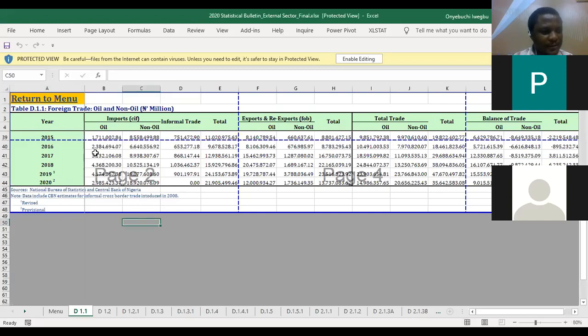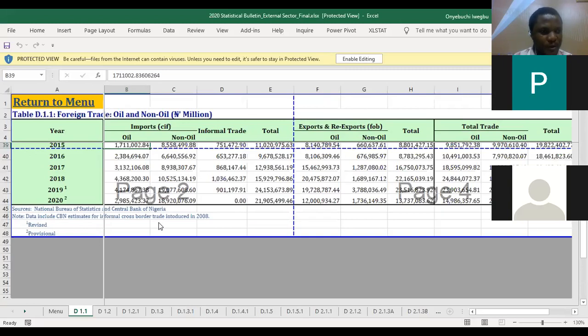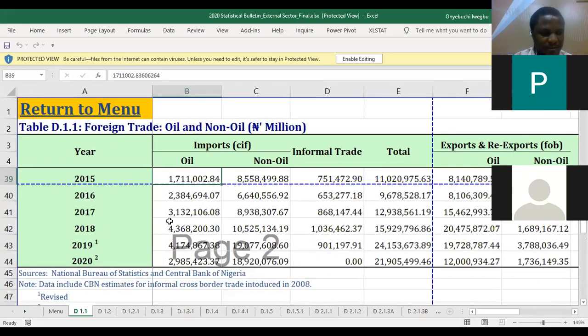Let's look at import. They are categorized into two: the oil importation and the non-oil importation. I'm going to make it a bit bigger.